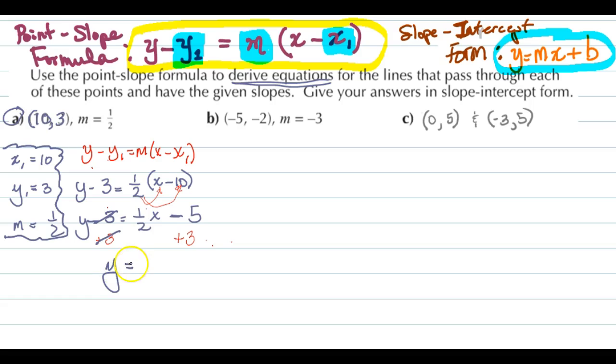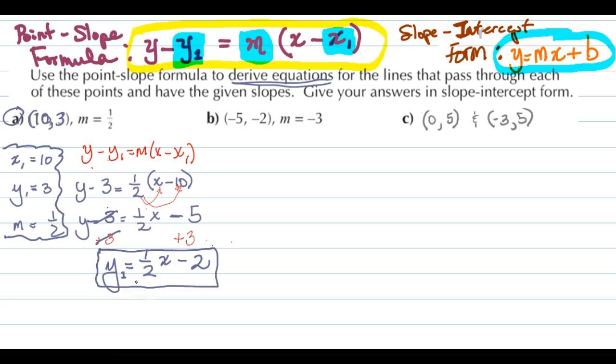So now we have y is equal to 1/2 x, -5 plus 3 minus 2. So we have y is equal to 1/2 x minus 2. Okay, we're going to come back to this and we're going to do some graphing in a bit. So we'll take a look at the graph of this one. What I'm going to do is I'm going to call this one y sub 1, as in my first line.